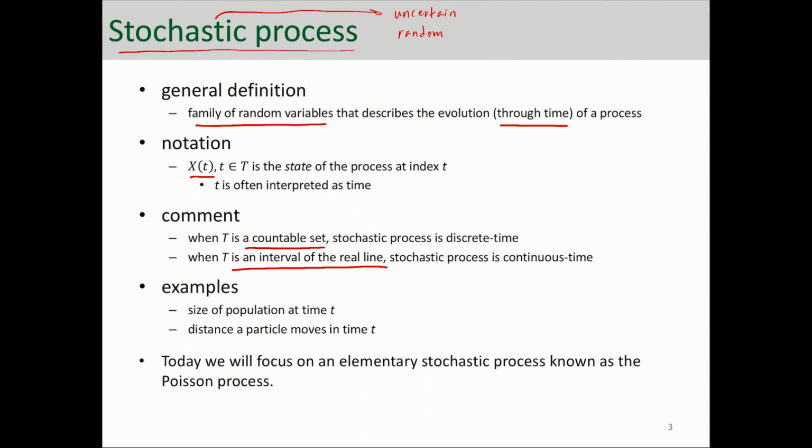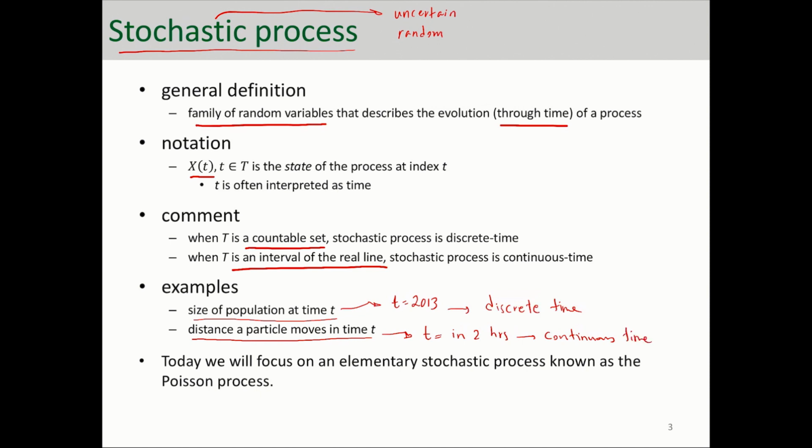As an example, you can think of the size of a population at time t, which is a stochastic random variable, or the distance a particle moves in time t. If t is 2013, that is a discrete time, but if t is, let's say, 2 hours, that is a continuous time.